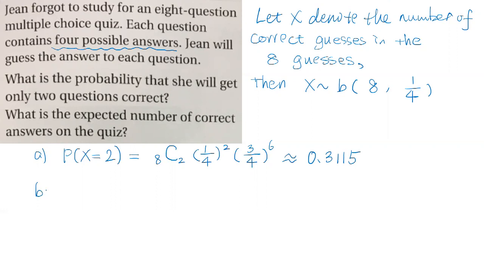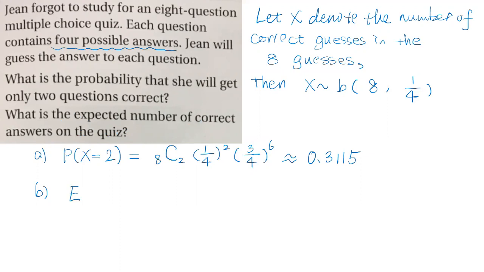Okay, question B. What is the expected number of correct answers on the quiz? So that means sometimes you can have a lot of correct guesses, sometimes you have fewer correct guesses, right? And on average, what is the number of correct answers?